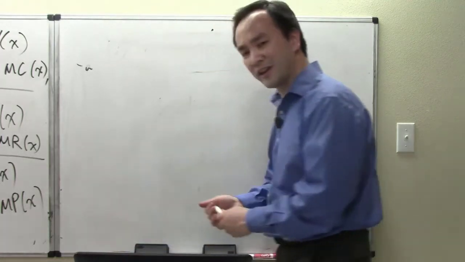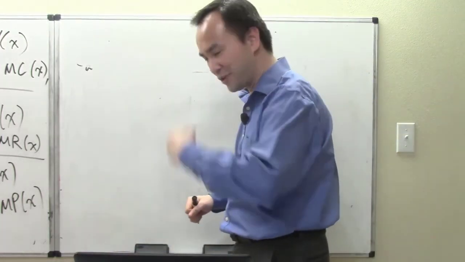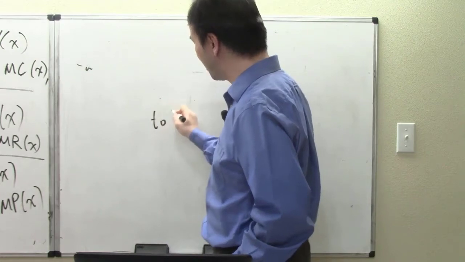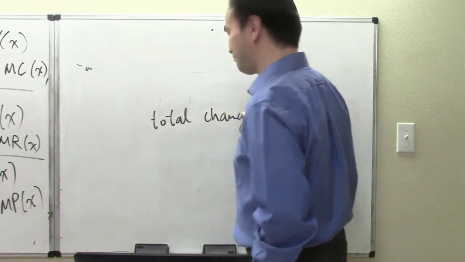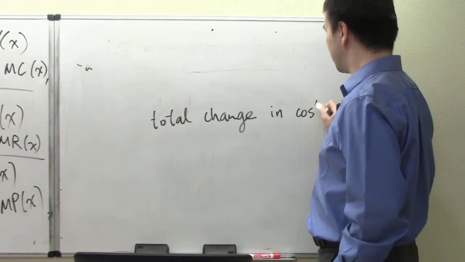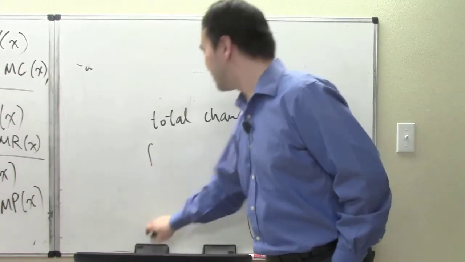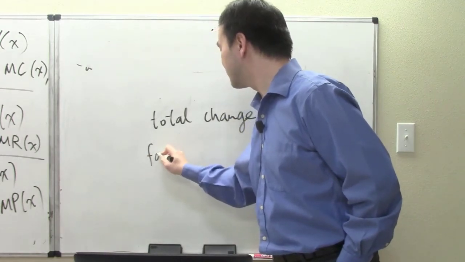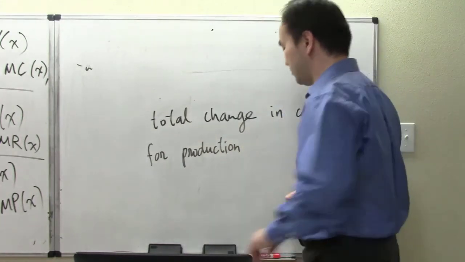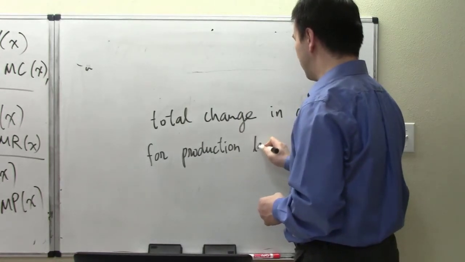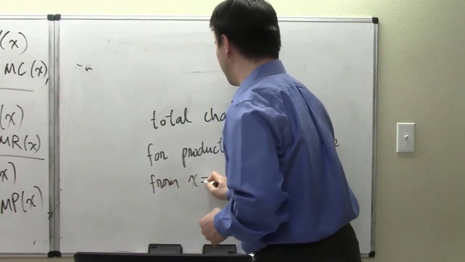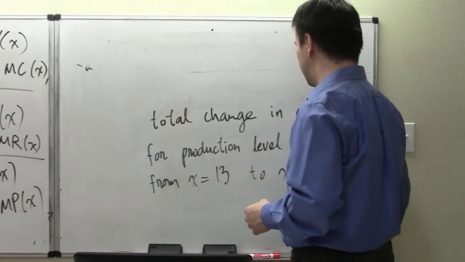And so, recall again from what I just explained, and I already erased that, and you can also rewind the video here, the name of the quantity that we're trying to find here is the total change in cost, for the production level change from x equals 13 to x equals 27.